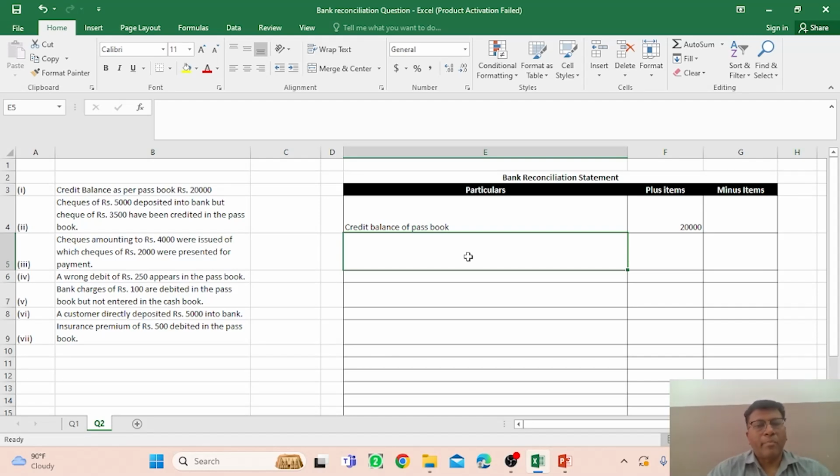So 5,000 were deposited in the cash book, but a check of rupees 3,500 has been credited in the passbook. It means this is a mistake on the part of the bank. Bank is not entering all the checks, maybe not a mistake, or deliberately the bank is not crediting due to some particular reason. So there is a difference between the amounts: you find that 1,500 of checks were not credited in the passbook.